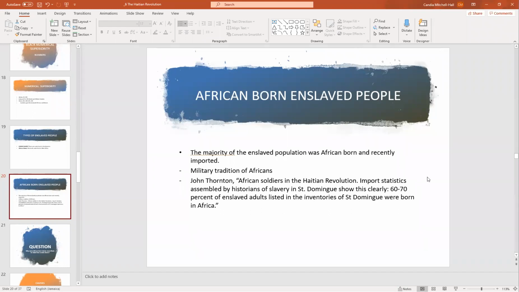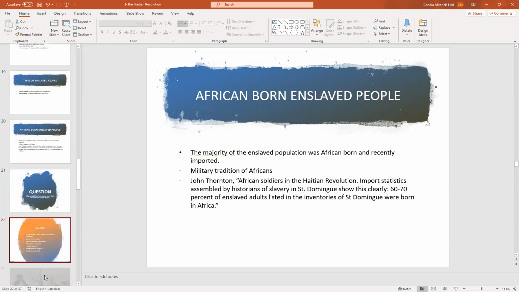This is a serious problem. Because if almost 70% of your slave population is born in Africa, they had experience of freedom. They are not going to accept it. While in the other colonies, most of the enslaved people were not African-born. They were born in the colony. So this gave them an edge.